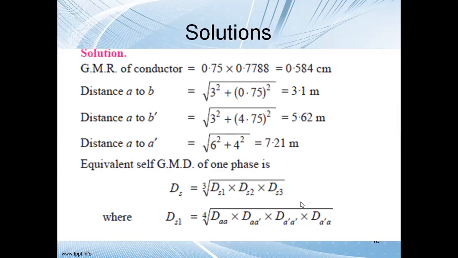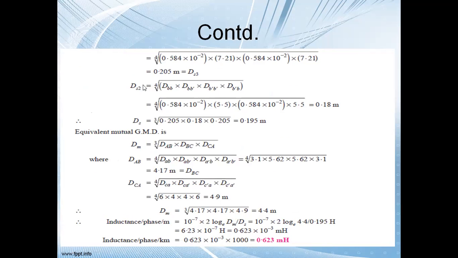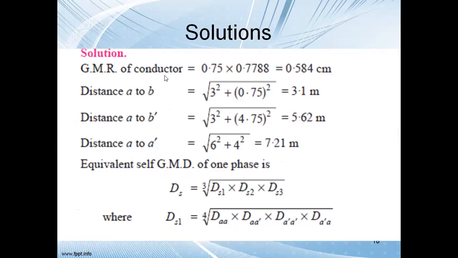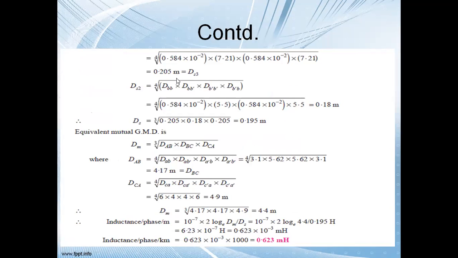Now next task is, what is DS2? DS2 is fourth root of DBB into DBB dash, DB dash B dash, DB dash B. Now DBB and DB dash B dash will be same as the GMR of the conductor. Now, what is the distance between B and B dash?